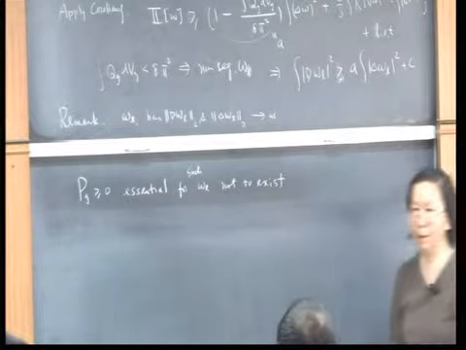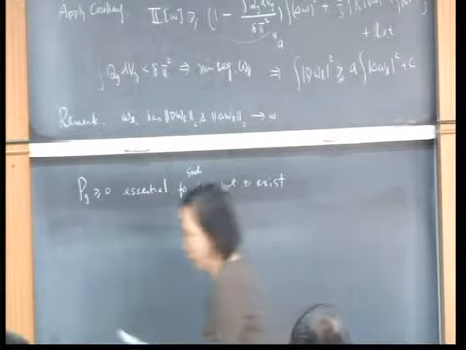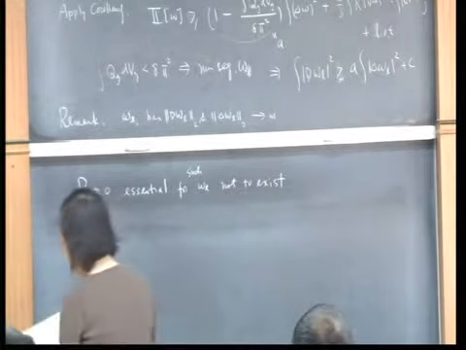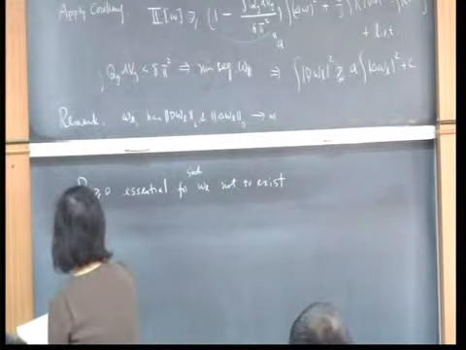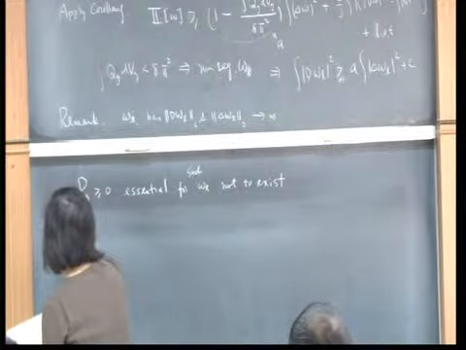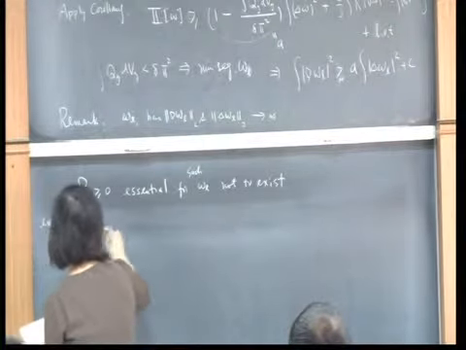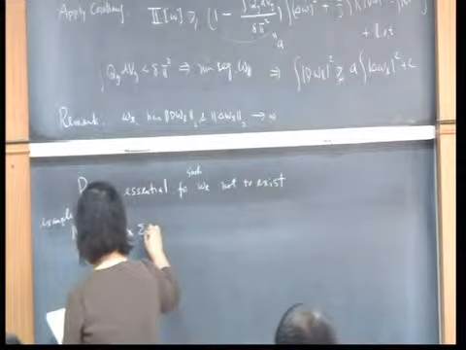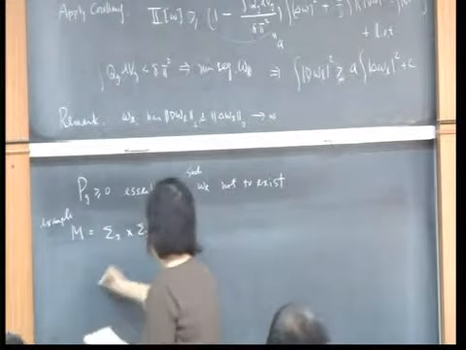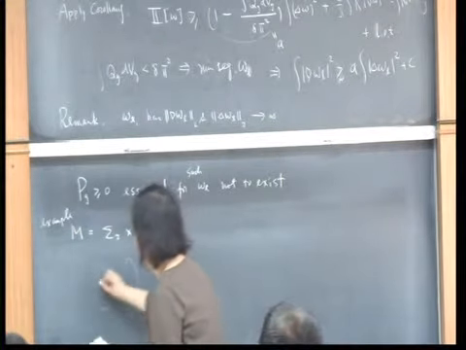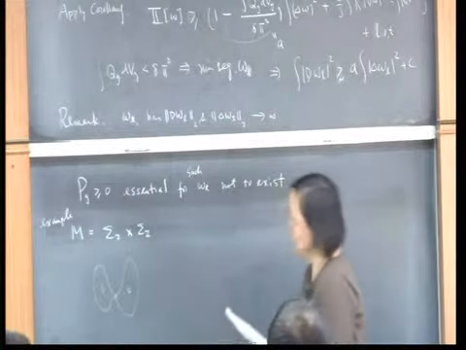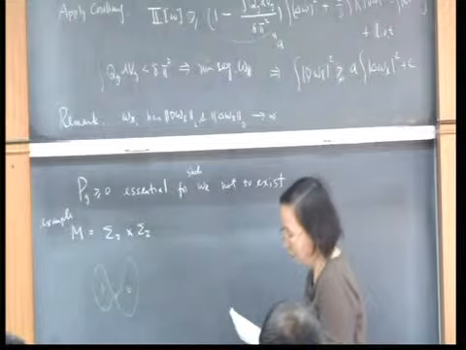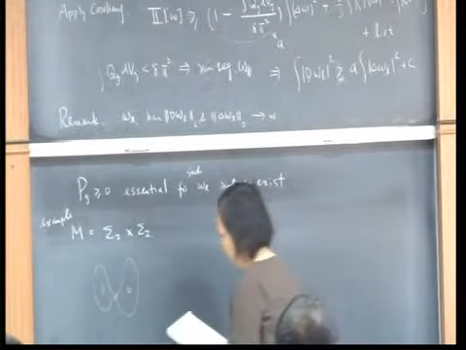So let's look at the example. One example is an example of M. We look at this hyperbolic space, genus 2 hyperbolic space, Sigma 2 cross Sigma 2, genus 2 hyperbolic surface.